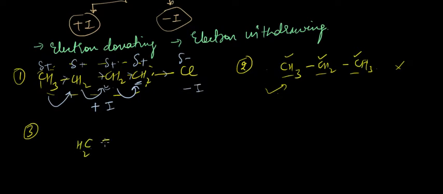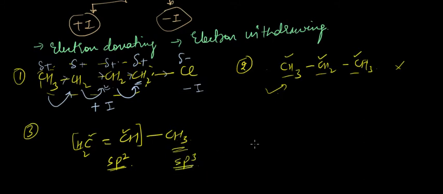If we have something like this, now as you can see this is a double bond between two carbon atoms, and these two carbon atoms are sp2 hybridized, right? And this carbon atom is sp3 hybridized. For now, if you don't know about hybridization, don't worry, we'll be taking this up in our next set of video lectures. But for now, please just remember that double bonded carbons are sp2 hybridized and triple bonded carbons are sp hybridized.